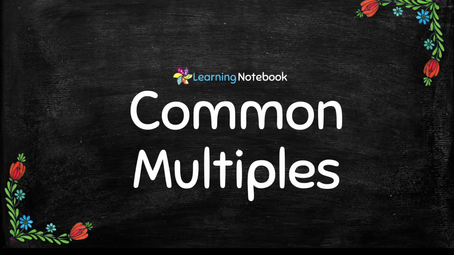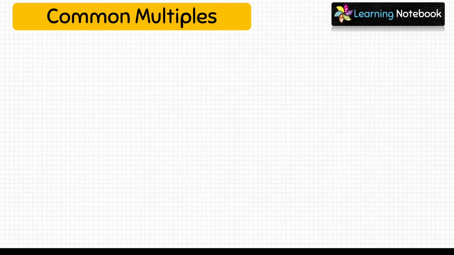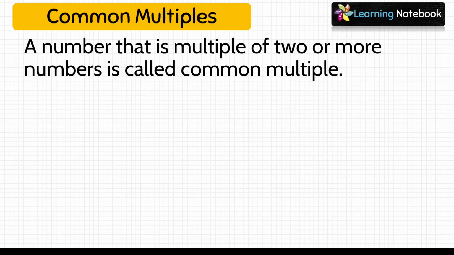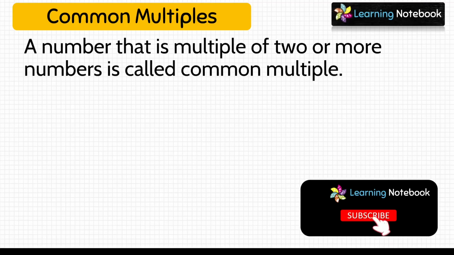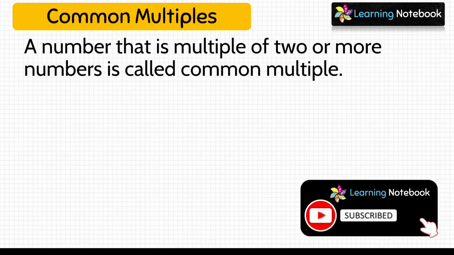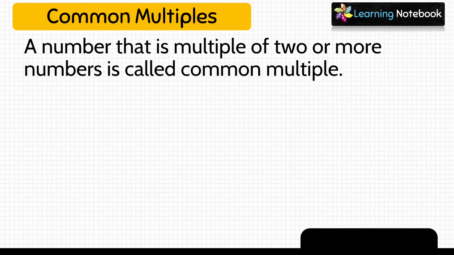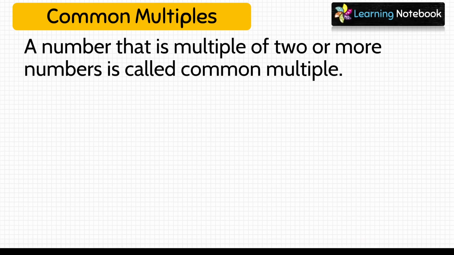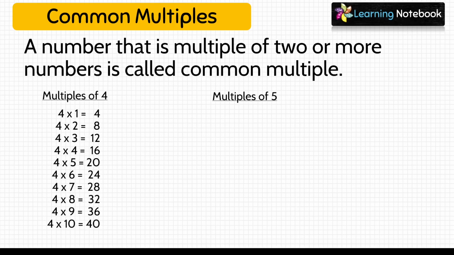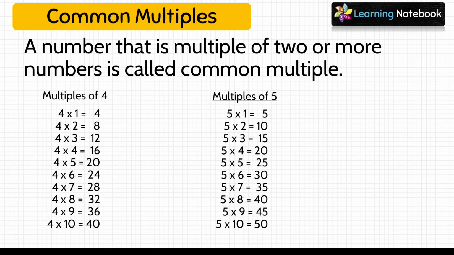Now let's see how to find common multiples. So what are common multiples? A number that is multiple of 2 or more numbers is called a common multiple. For this, let's consider multiples of 4 and multiples of 5. Students, look at these multiples carefully.